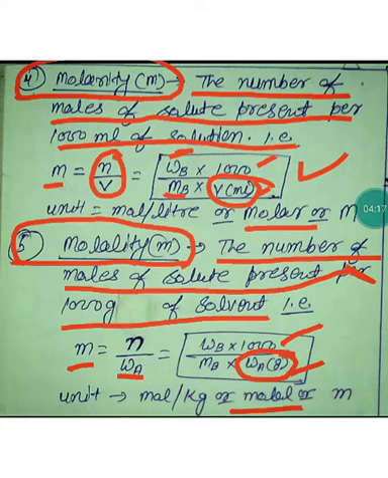Also, small m and capital M are used as the symbols for the units. So these are two very important methods. We have to learn the definitions as well as the formulas to solve the numericals.